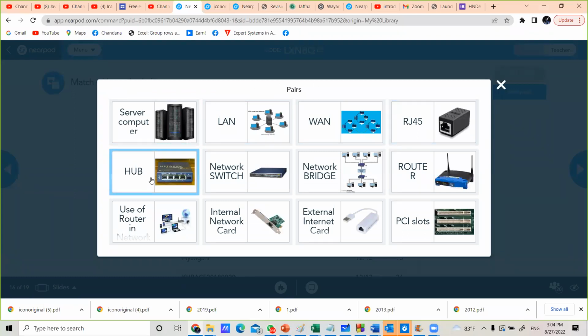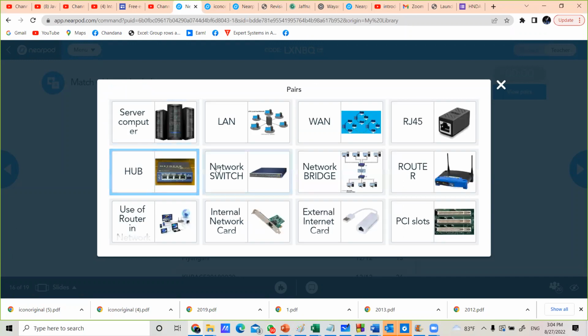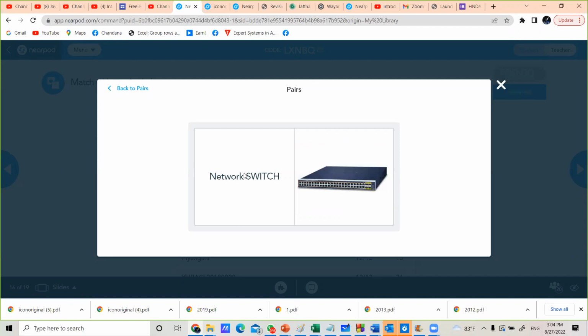And then hub also here, a small hub having 4 ports in this device. Network switch, like that, in this switch having more ports.